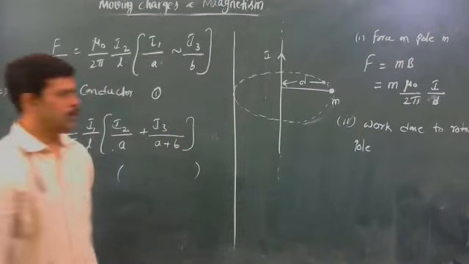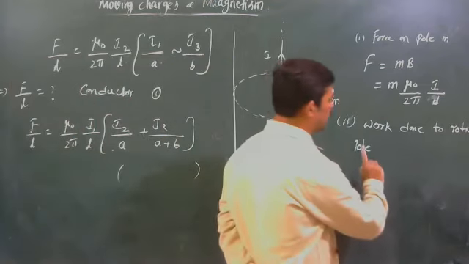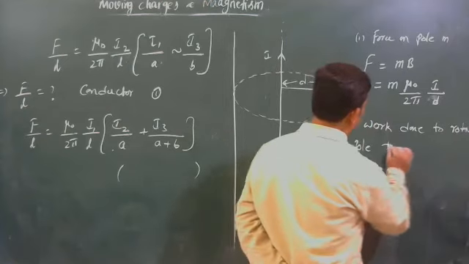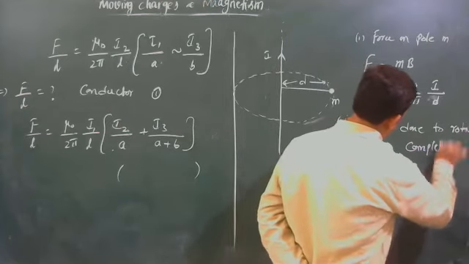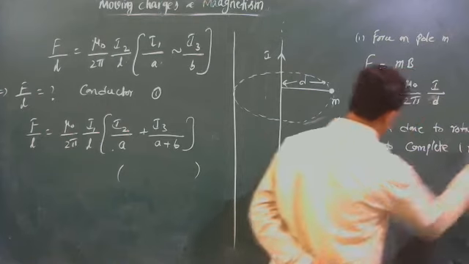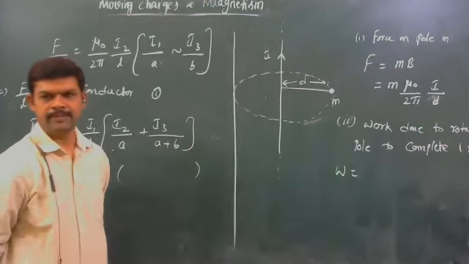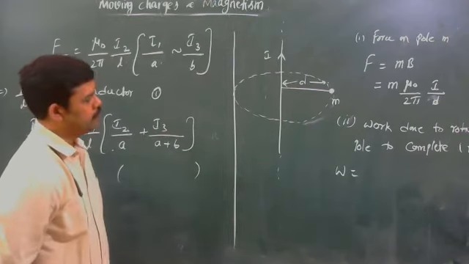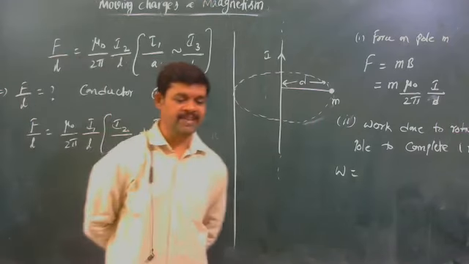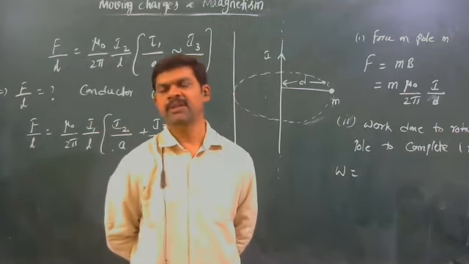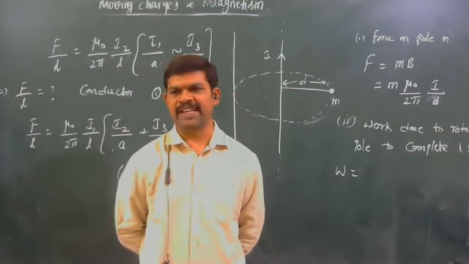Work done is MB cos theta 1 minus cos theta 2. To complete one rotation, what is the work done? Zero. Generally in the answers you find 0 also, whenever the force is acting towards the center.